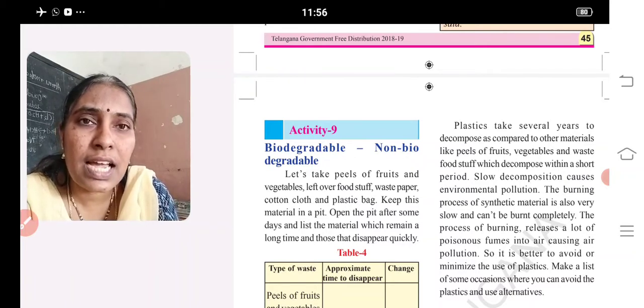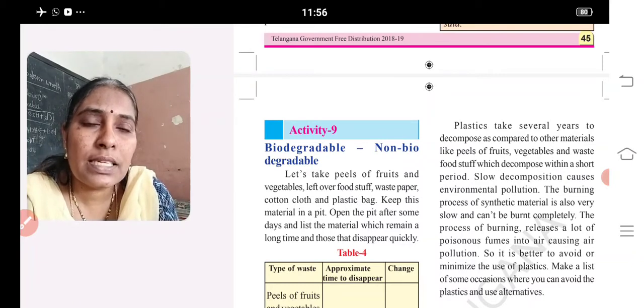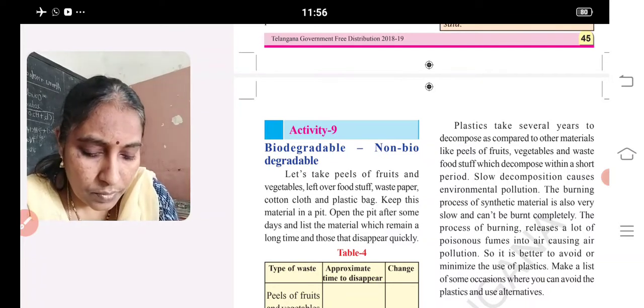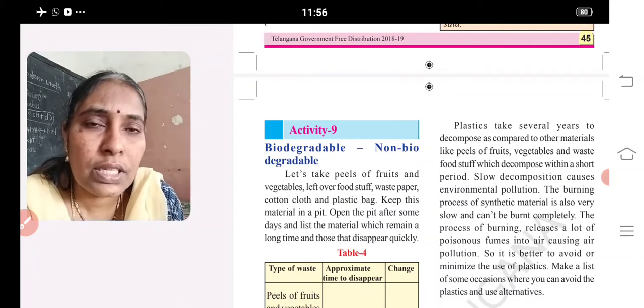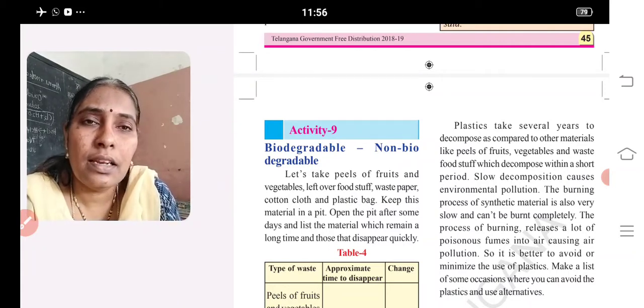Whenever you get the chance to stop the use of plastic, you stop it and carry your jute bags, cloth bags, steel containers to bring anything from the shop, and by avoiding plastic we can reduce it. Next, recycle.